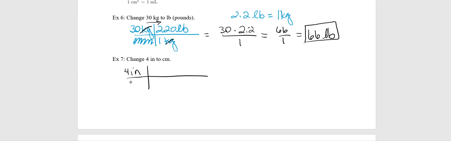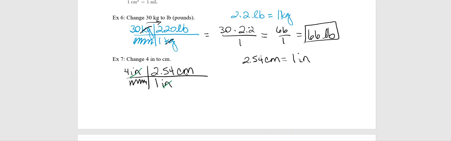4 inches, and it was 2.54 centimeters is 1 inch. Since the inches are on the top on the left, I need to put the 1 inch on the bottom so that they cancel. Inches are out of here.